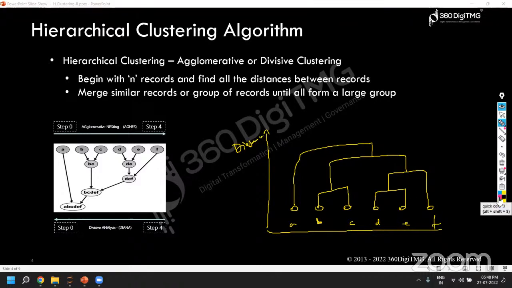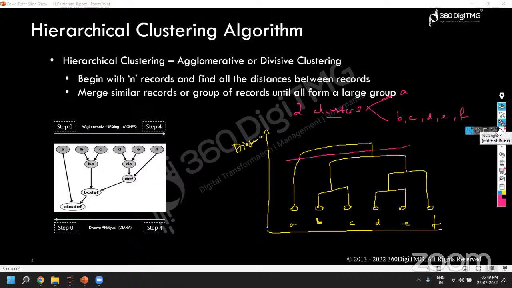Now, in this case, I want to group this data, right? So what I can do is I can split it here. If I split it here, I will get two groups, two clusters. I have A as one cluster, this branch, and then the remaining B, C, D, E, F, all these belong to one group.